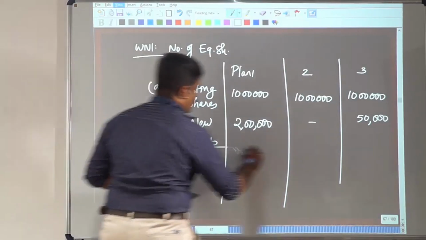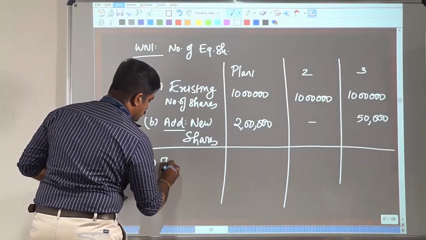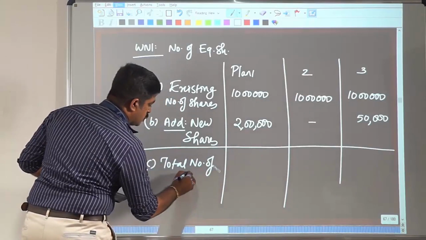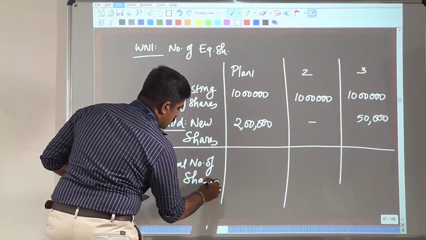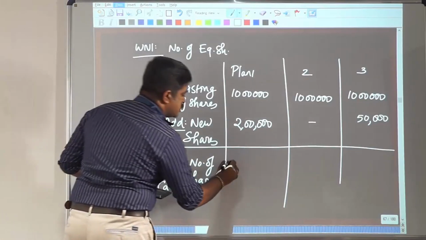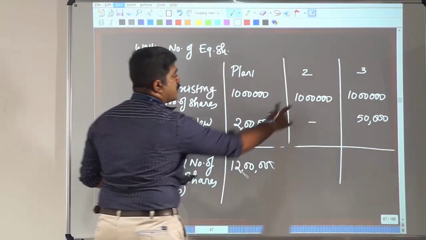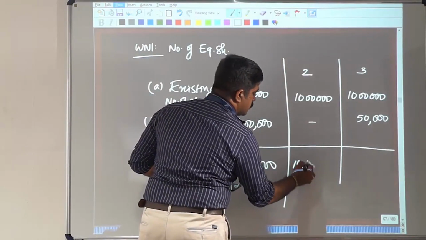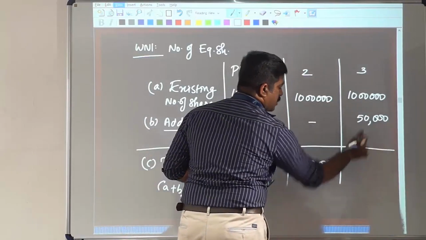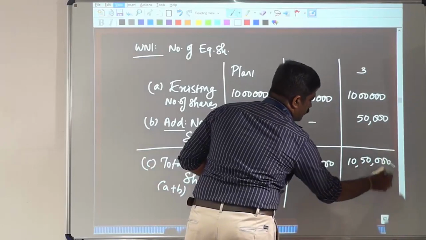Okay, so let me total this. Total number of shares is nothing but A plus B, and here it is 12 lakhs, here it is only 10 lakhs, and in the third case it is 10 lakh plus 50,000, so it is 10 lakh 50,000.